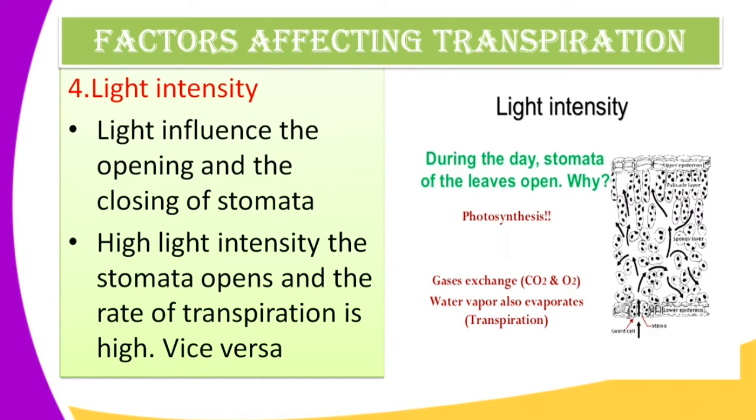Because of photosynthesis, there needs to be gaseous exchange. For example, in photosynthesis, the raw materials which are needed are carbon dioxide, that is the CO2, and water. So there is need of exchange of gases, while the water vapor also evaporates through transpiration. So when the light is more, it means the stomata are going to open more and the rate of transpiration is going to also be more.